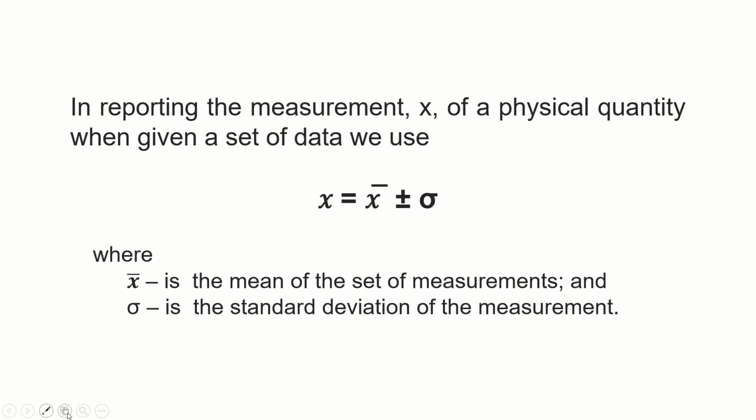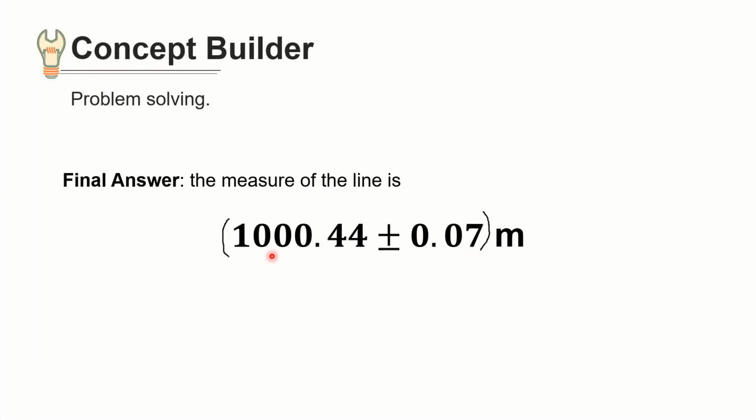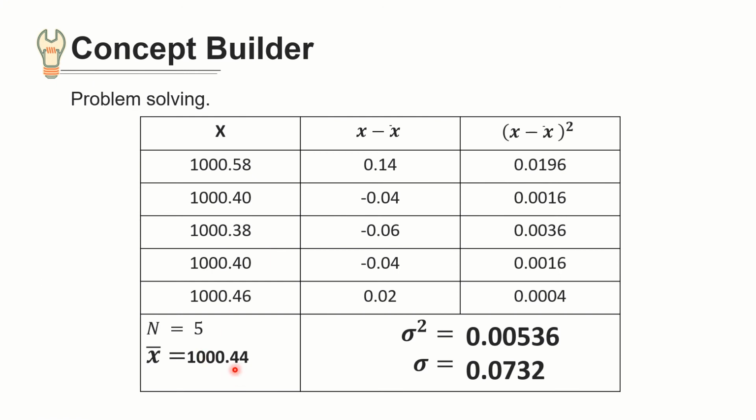So going back to our problem, our mean is 1000.44. This is the value closest to the actual value. So 1000.44 plus or minus 0.07.